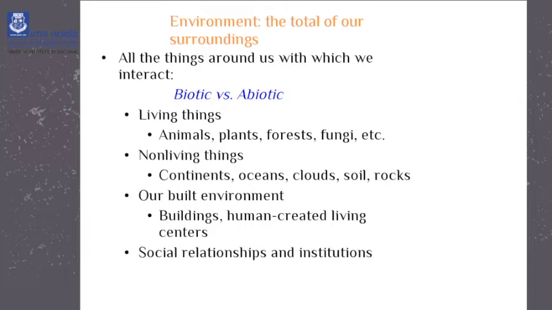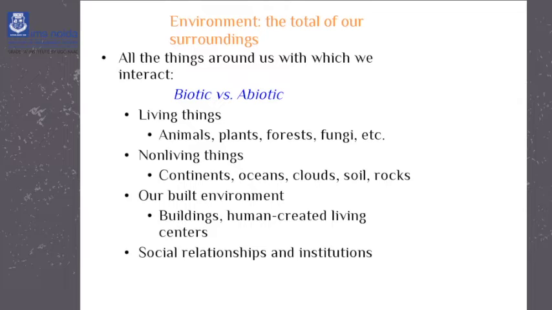Our environment is divided into two categories, the biotic environment as well as the abiotic environment. Another name for the biotic environment is the living things, and another name for the abiotic environment is the non-living things or the physical factors.